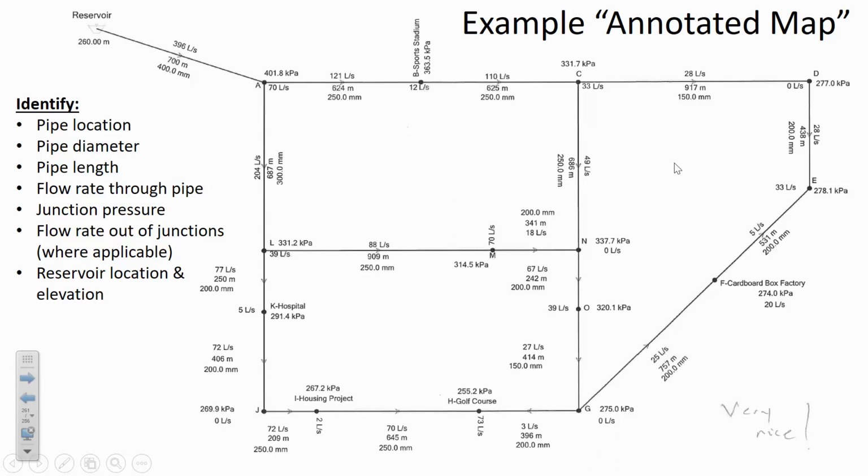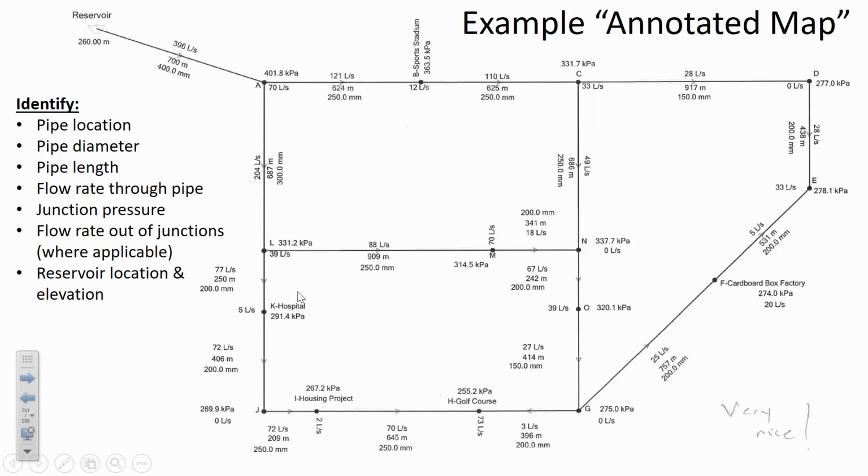In this case, we'll see that they have a pressure at this junction of 275 kilopascals. I don't see the hospital, 290, housing project, 267, but no place is the pressure below 240, but also the pressure isn't really high. And so they've done a good job demonstrating the optimization that we're looking for.